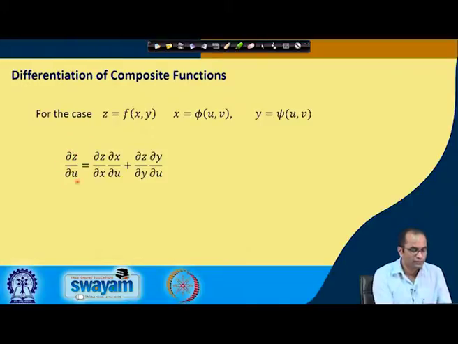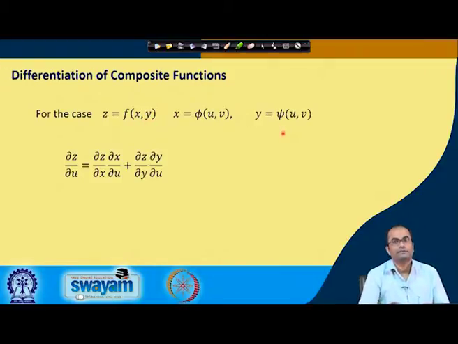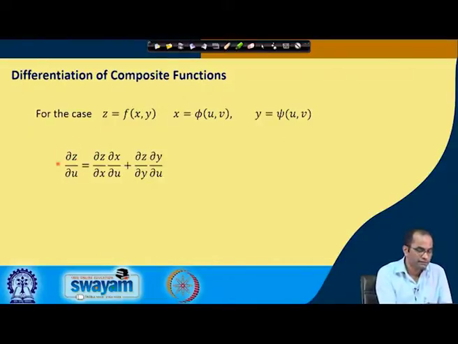So, this del z over del u. Now the partial derivatives here, because x and y are functions of two variables u and v, we will have the partial derivative of z with respect to u without substituting all these into this function and then getting the partial derivatives.